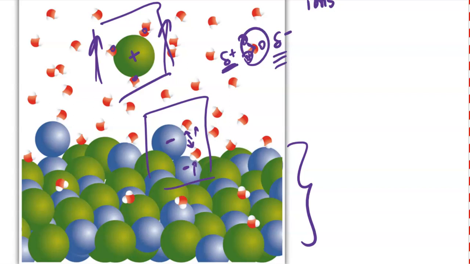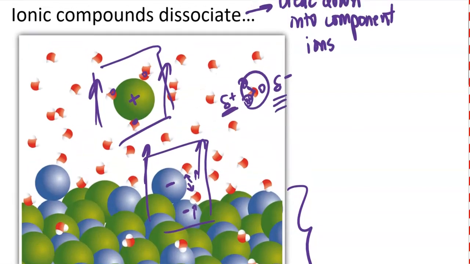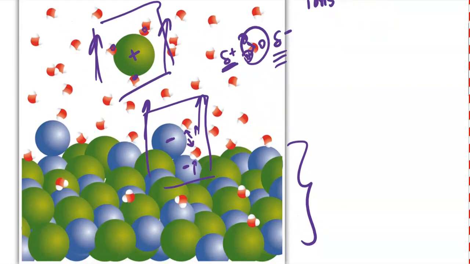Enough water molecules will surround these negative ions and carry them away from the solid structure. And so as a result, as these ions are pulled away from the solid structure, eventually the solid structure falls apart and these ions are free. They're in aqueous solution. And so the ionic structure breaks down and everything dissociates and we get the solution.